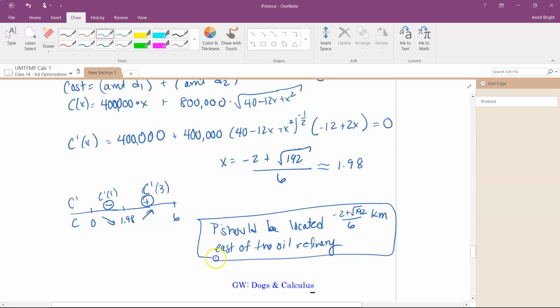And that's also assuming that they have the land for that.